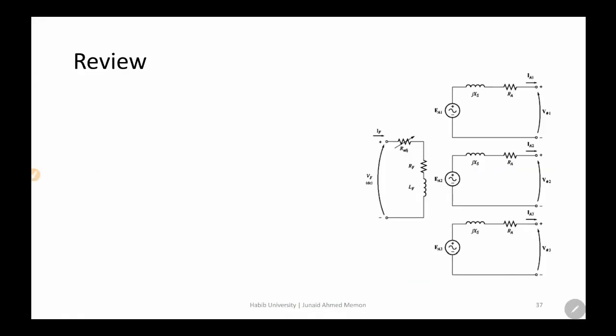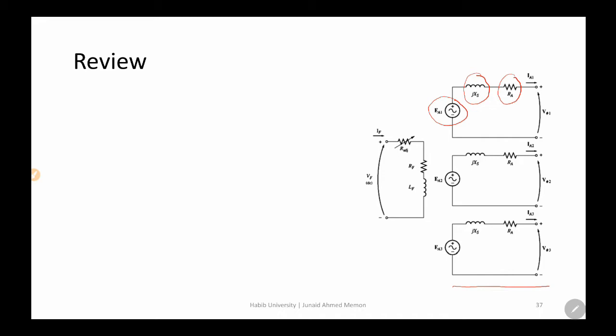Assalamu alaikum everyone. Last time we discussed and obtained the equivalent circuit diagram for the synchronous generator. So we said we have three phase windings on the stator side, which in each phase could be modeled as the resistor in series with the synchronous reactance and the internal generated voltage.